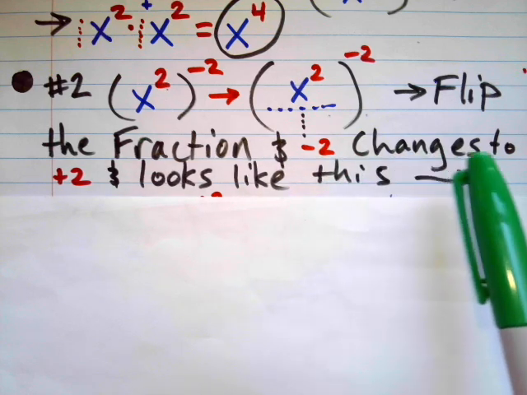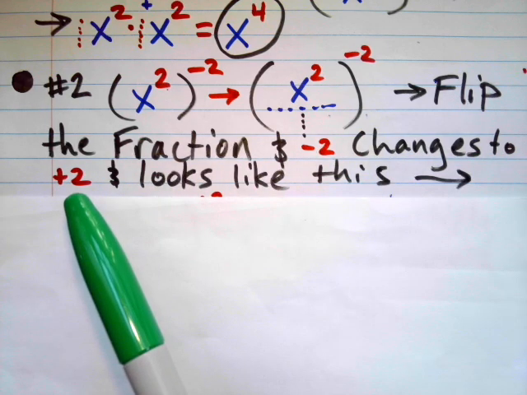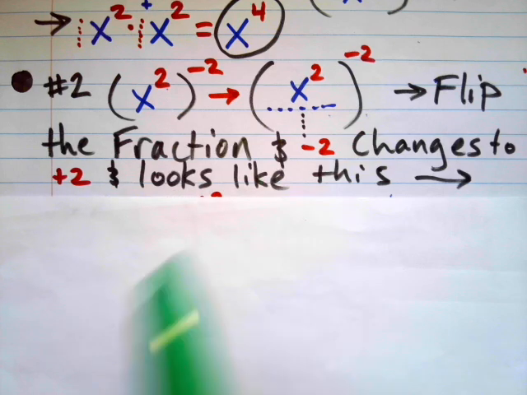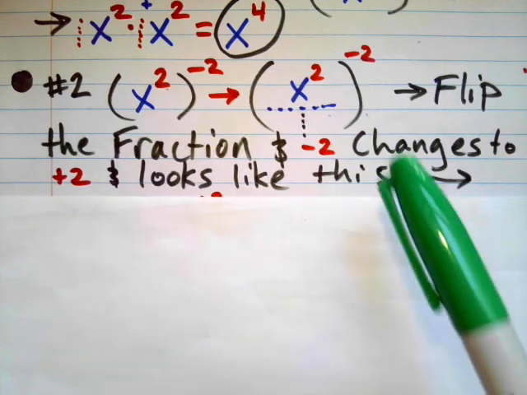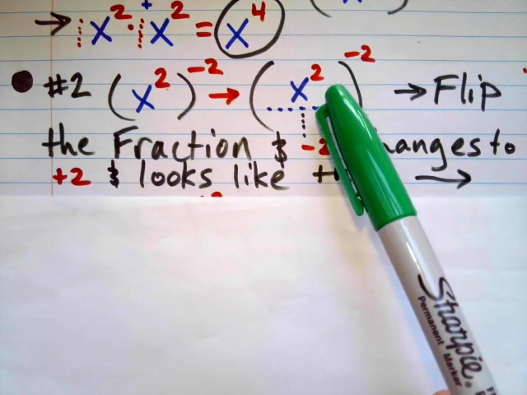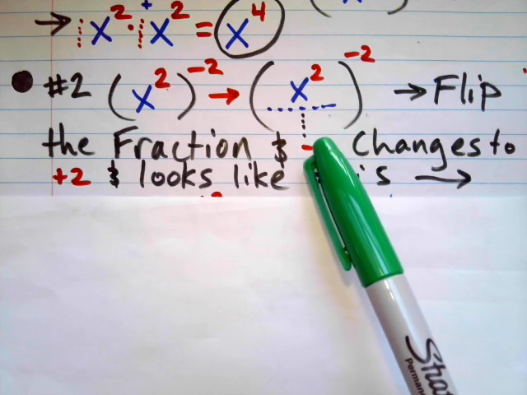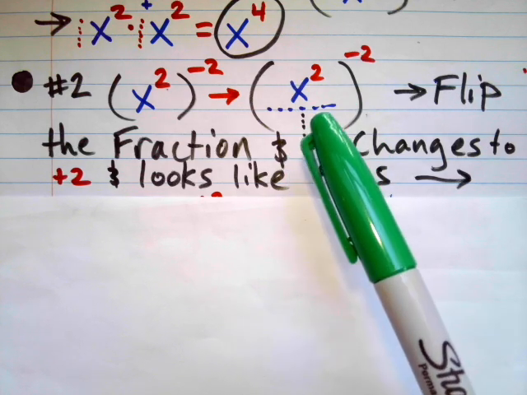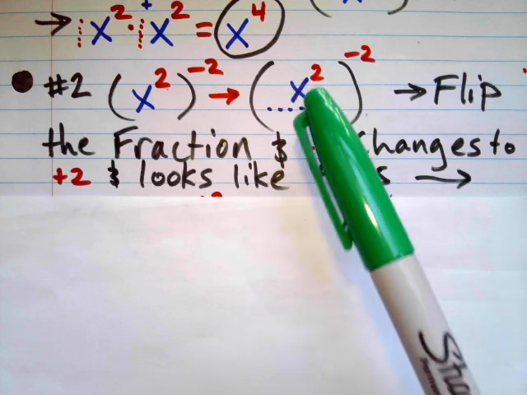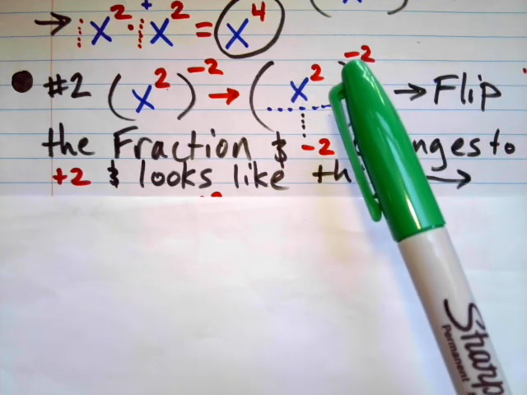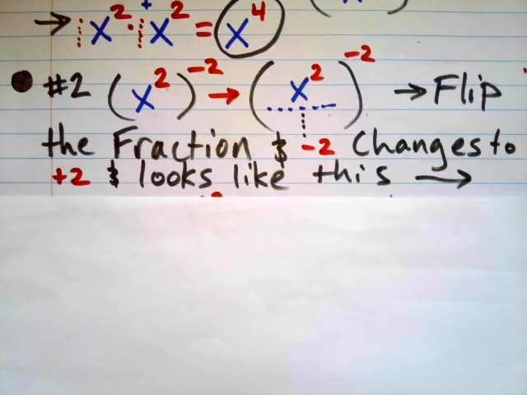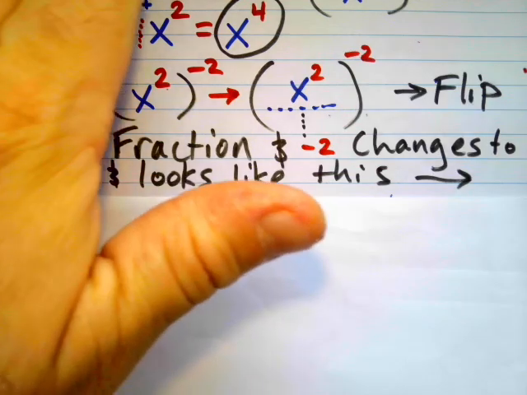And you would change the negative 2 to a positive 2 value. That x squared will be in the denominator's place, and that invisible 1 is going to be up top in the numerator's place. That will change this negative 2 at the power of a power into a positive 2.